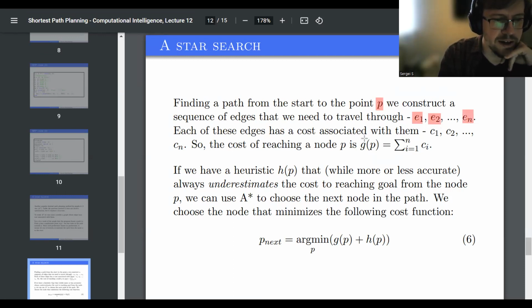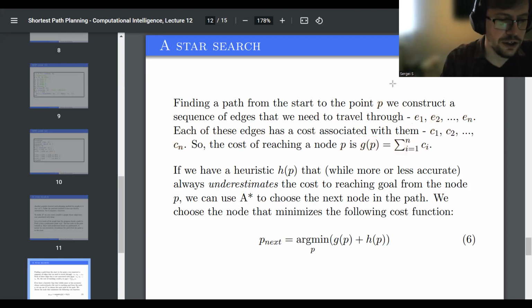And for each edge, we have an associated cost: C1, C2, Cn. So the total cost for reaching P, we denote as G of P, the cost of reaching P. And this is just the sum of those costs associated with each edge that we traveled to get there. So that is the total cost. Okay, good.